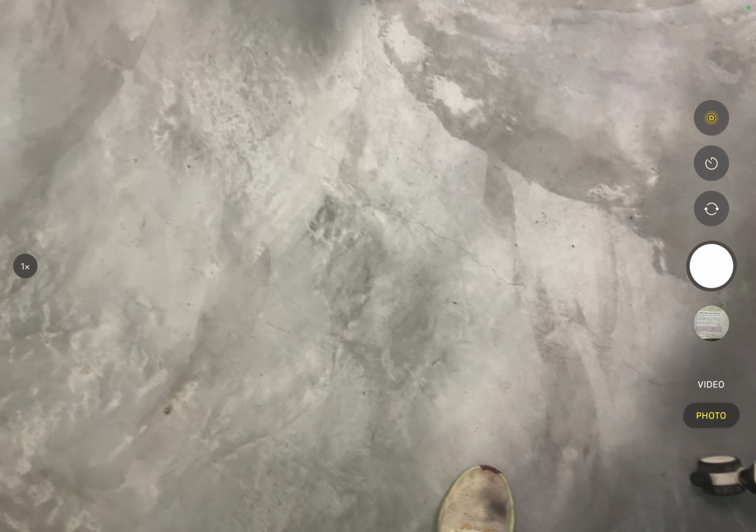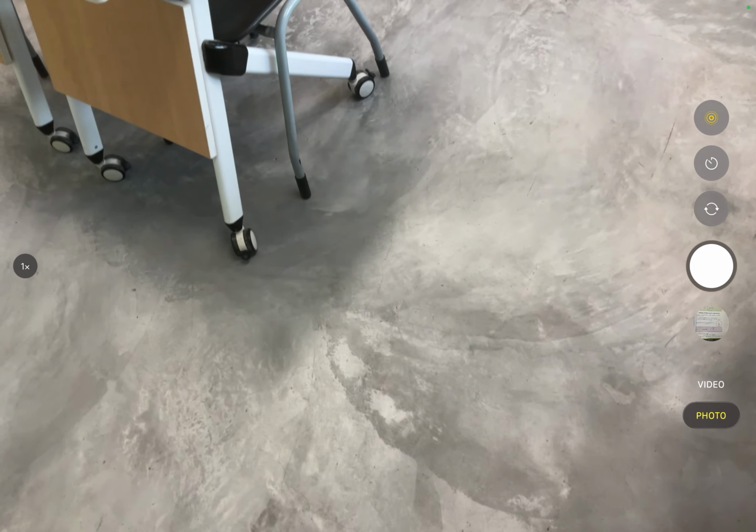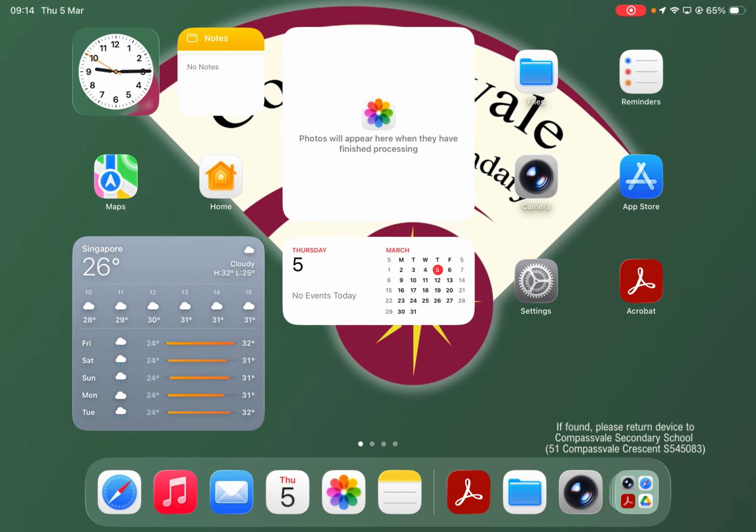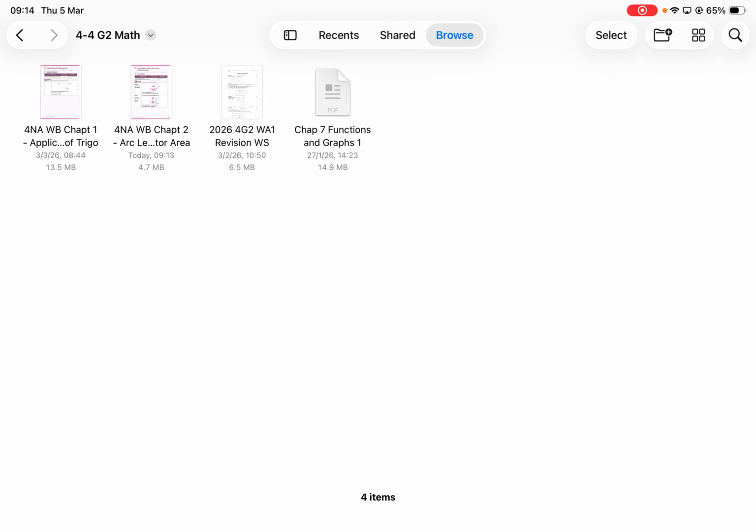So equals to negative 0.7071. Part D, cosine 4.67.